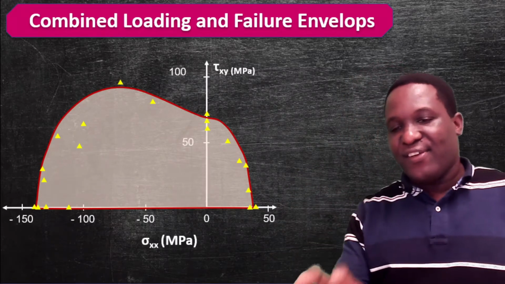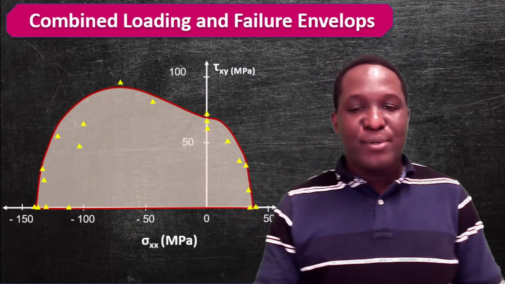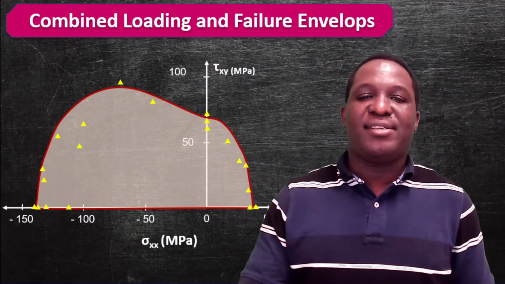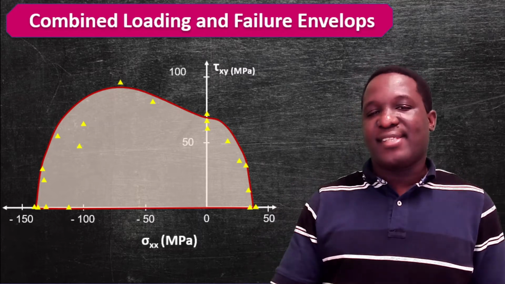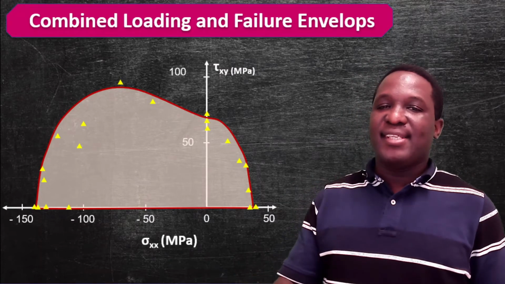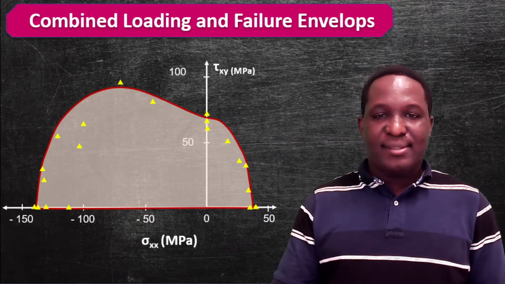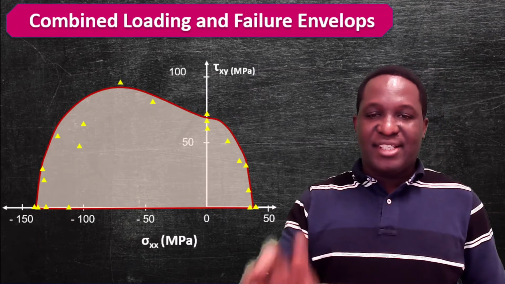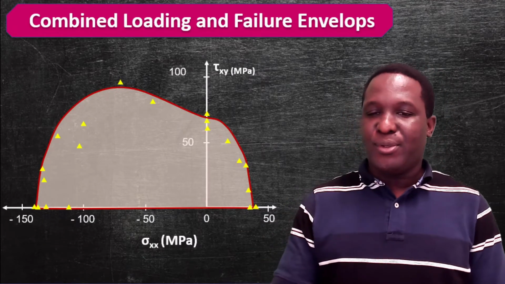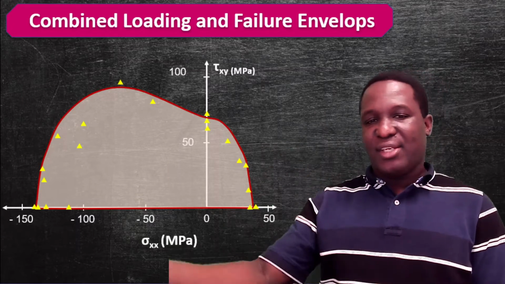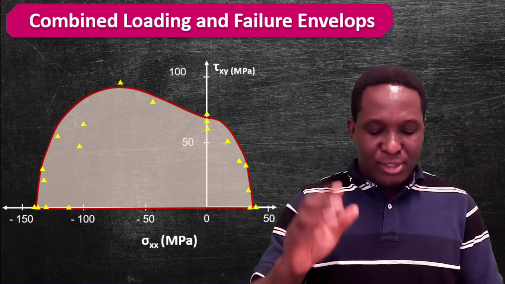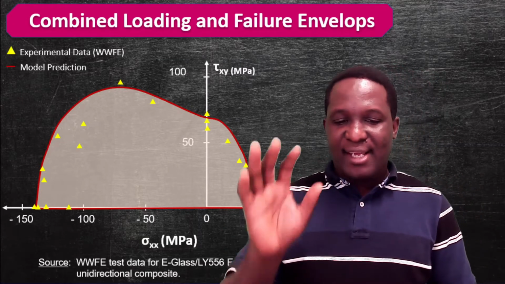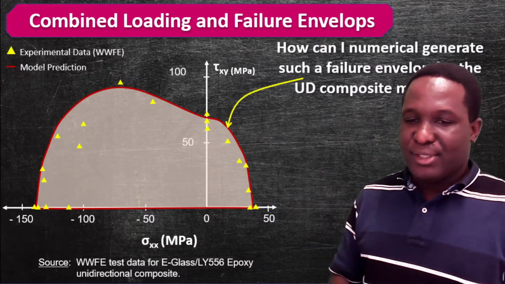In this instance, the failure envelope we have here is for a unidirectional composite material from the worldwide failure exercise. But what if you're testing a variant of that? Generating the failure envelope numerically would help you to understand these boundaries, and then you can use it within your simulation. So Dan's advice is correct, and this is what we are going to do.